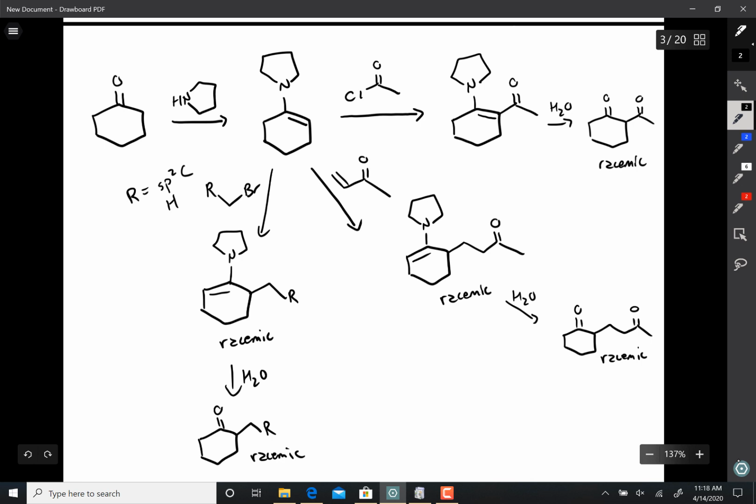Okay. Now, you might notice something about the enamine intermediates. Here, the double bond is between these two carbons. In the other two cases, it's away from that. That has to do with the mechanism of the reactions. And we'll get to that in just a moment.